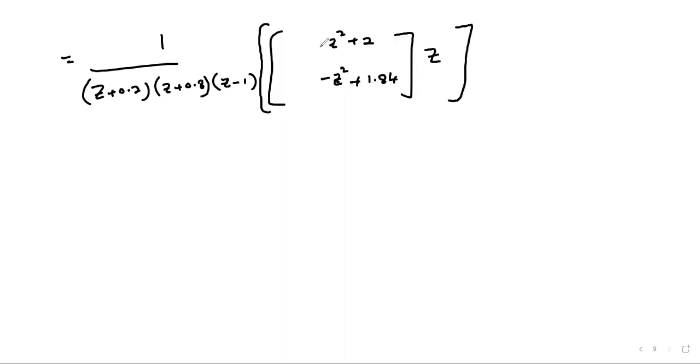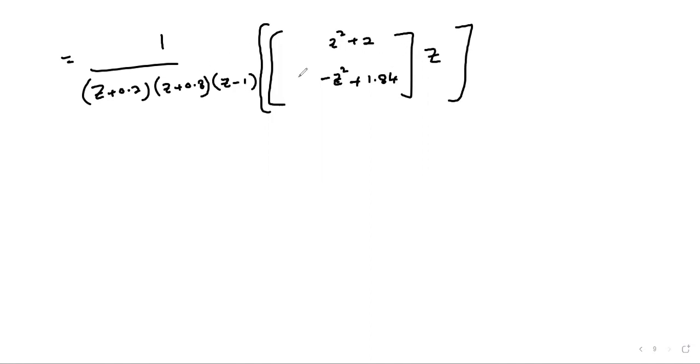So we need first to write these into partial fractions, and then we multiply by Z. The partial fractions are three terms: a constant over Z plus 0.2, a constant over Z plus 0.8, and a constant over Z minus 1.